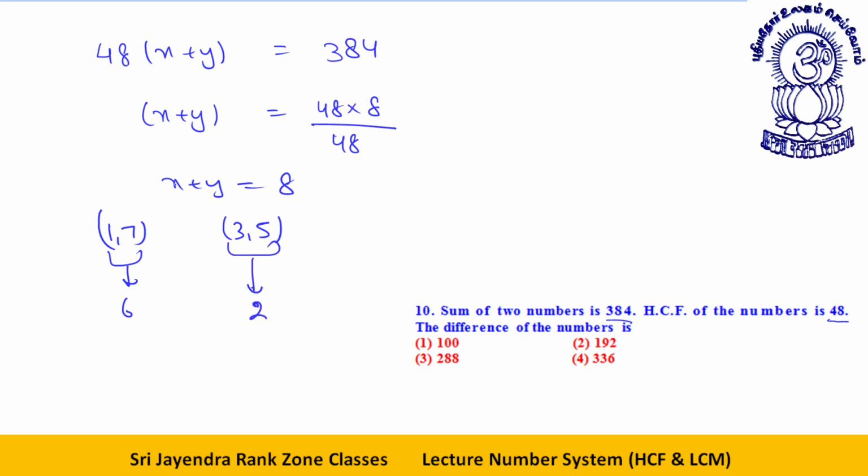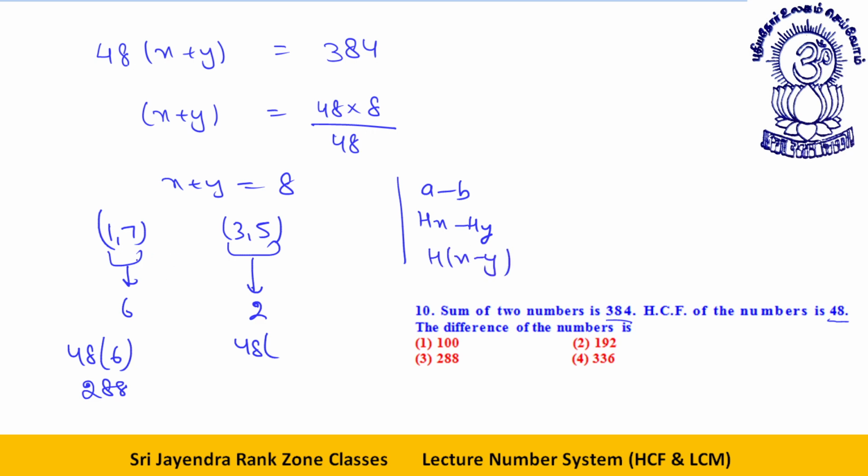Among the probable options, if the difference is 6, it could be 48 into 6. This will be 288, or it could be 48 into 2. See, this is the difference of x and y. We are being asked a minus b. Getting it, dear students? We are being asked to find a minus b, that is hx minus hy. So we need to find h into x minus y.